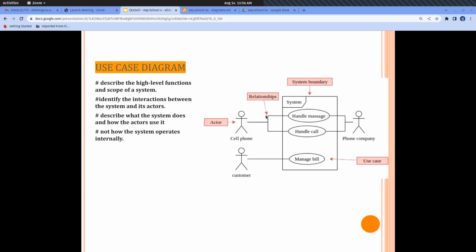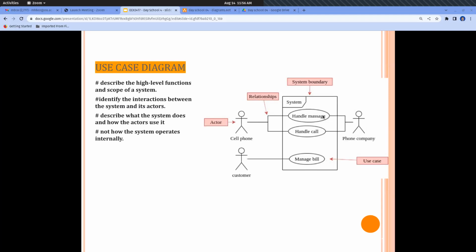And these are relationships. This cell phone's relation with this use case. These are called use cases. The system boundary is there, the use cases are there, and the customer's relation with manage bill.